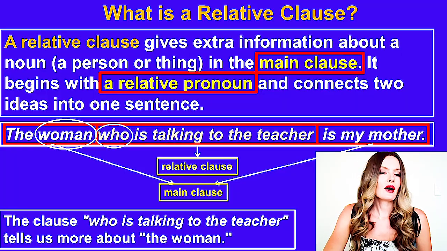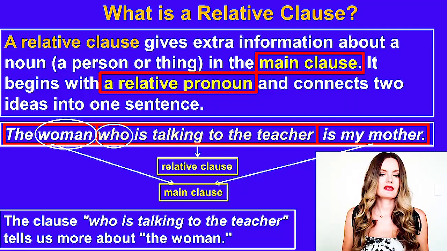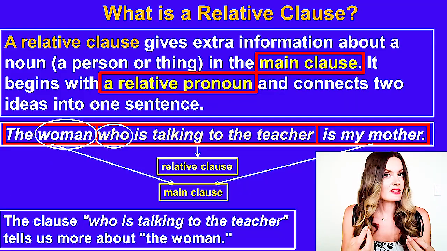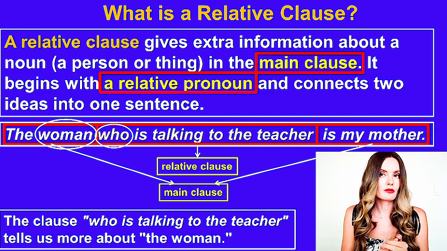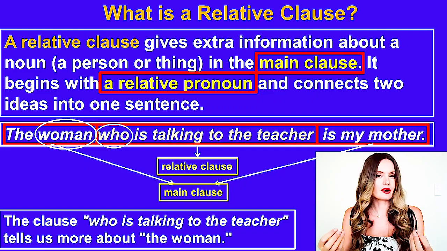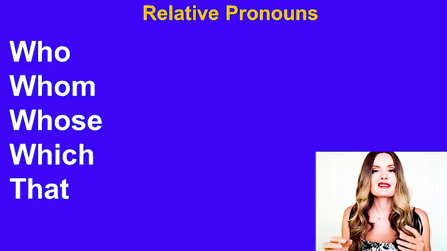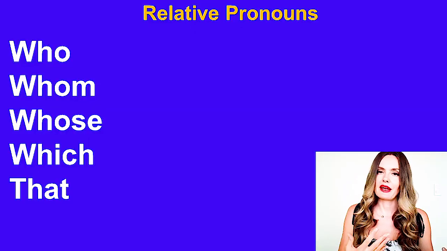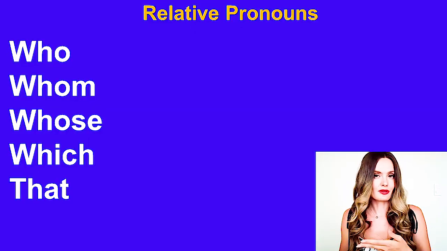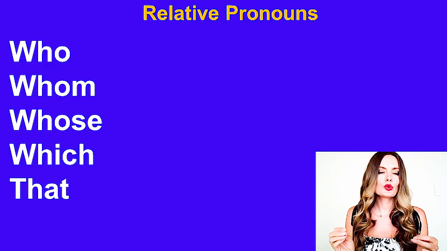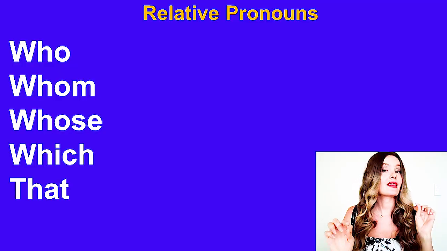And this is a noun in the clause, woman. So who is talking to the teacher gives us extra information about this woman. Which woman? Who is talking to the teacher. These are relative pronouns that help us connect the main clause and the relative clause: who, whom, whose, which, and that.